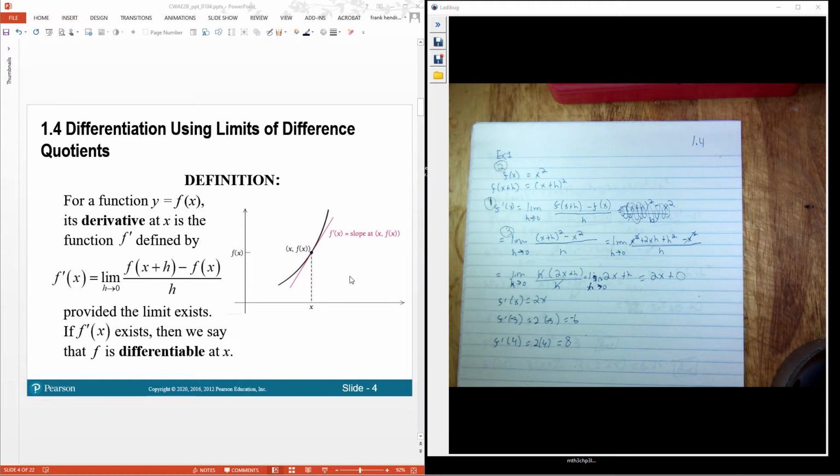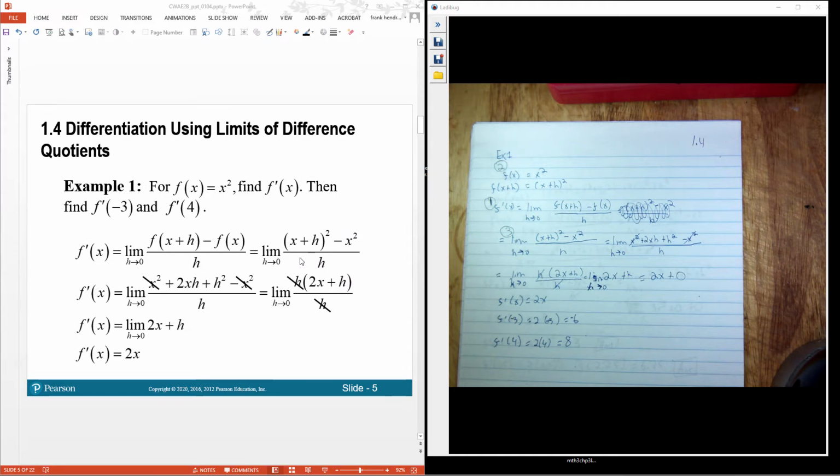If f prime of x exists, then we say that f is differentiable at x. That means there's a derivative at that particular point x. So now we're looking at the derivative at a particular point.